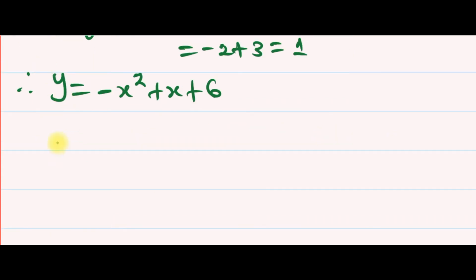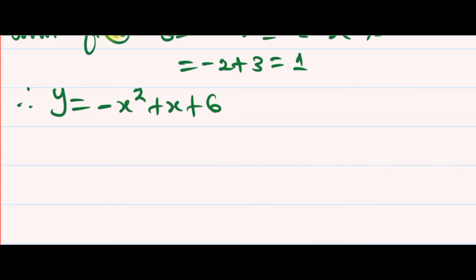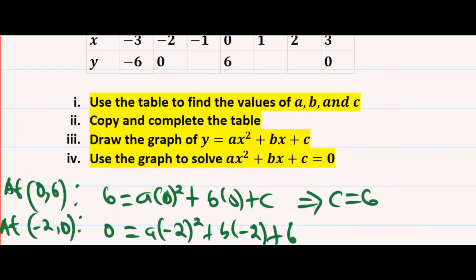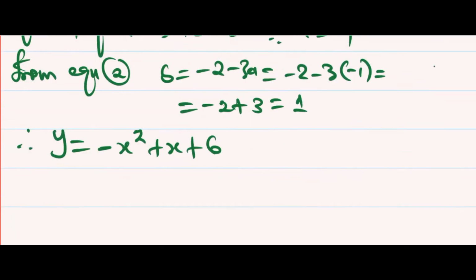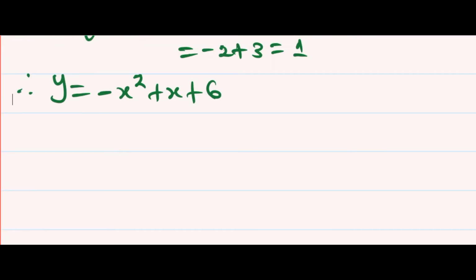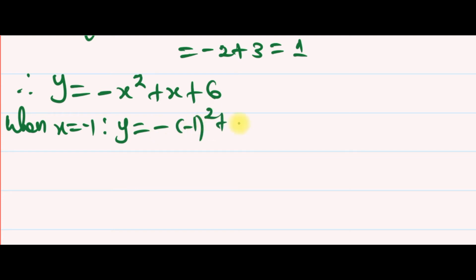The next thing is now to use the function, that is the equation, to get the remaining values of y. The unknown values are when x is minus 1, 1 and 2. So let's find the corresponding values of y. When x is minus 1, y is minus 1 squared plus minus 1 plus 6.